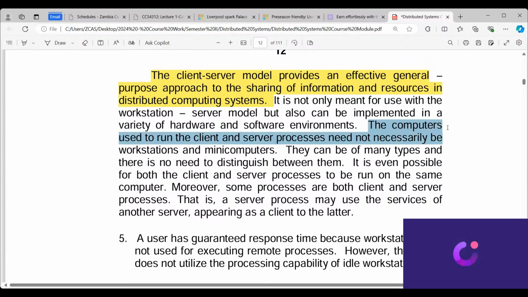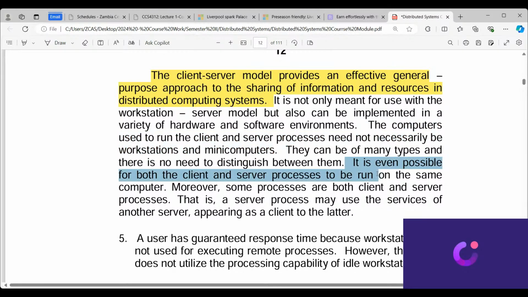So the computers used to run the client and the server processes need not necessarily be workstations and minicomputers. They can be of many types, and there is no need to distinguish between them. So the type of the computer in use may not necessarily be of importance in this context.